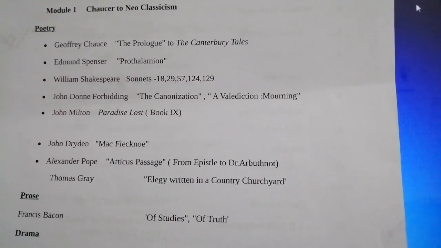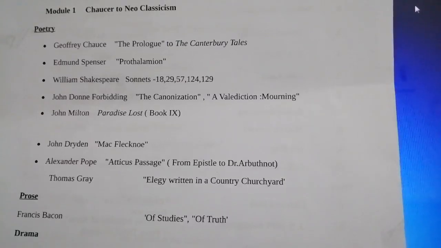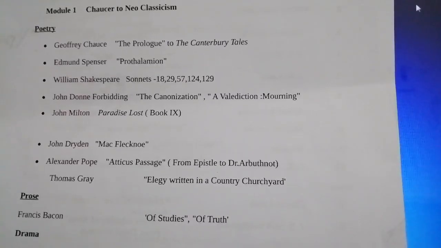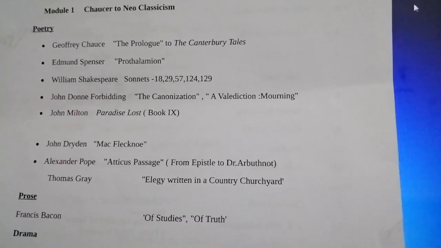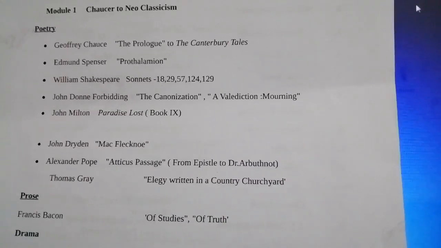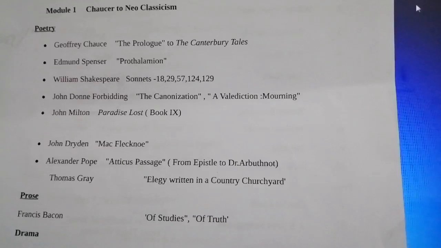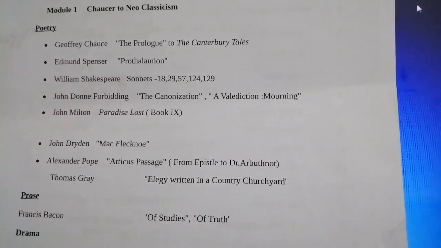As we can see, the first module, Module 1, is titled Chaucer to Neoclassicism. In this regard, the genres of English literature are explained in a detailed way. The first element of Module 1 is poetry. Here: Geoffrey Chaucer, The Prologue to the Canterbury Tales.